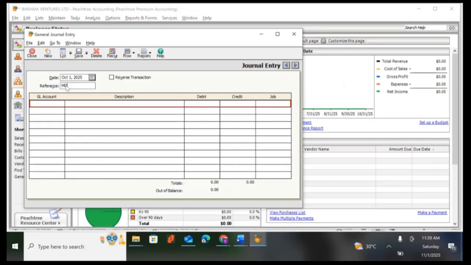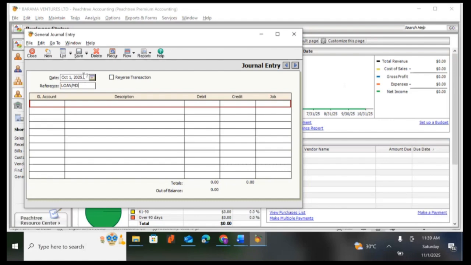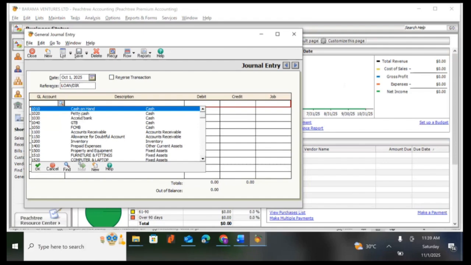So let's debit Access Bank for receiving the loan from the MD.